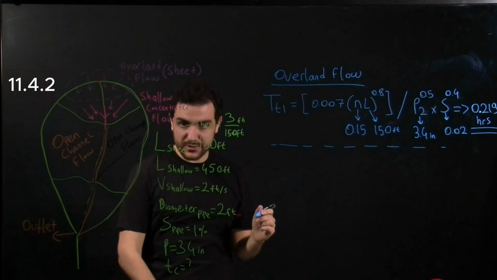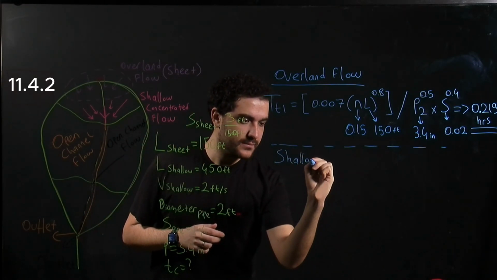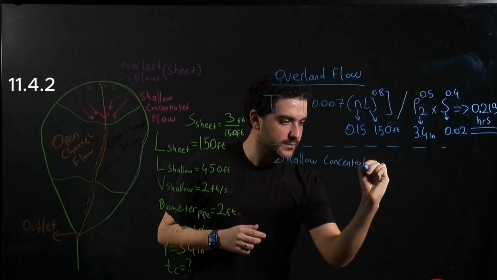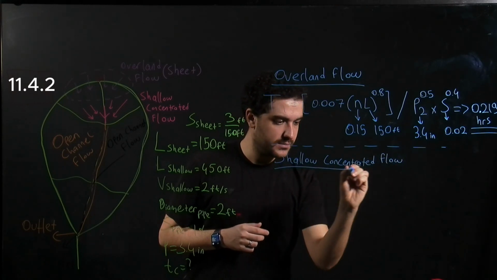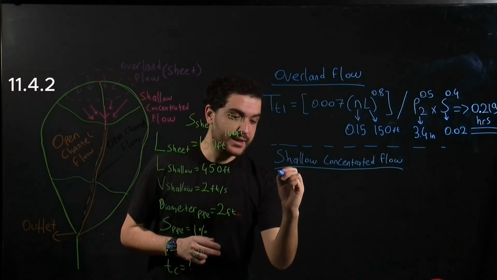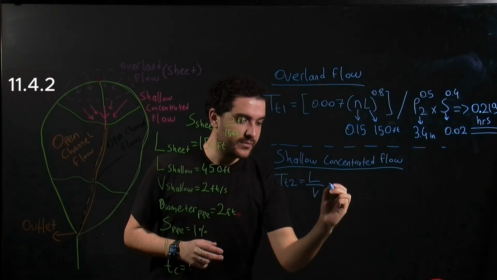So let's look at shallow concentrated flow. Again, the travel time is length over velocity.